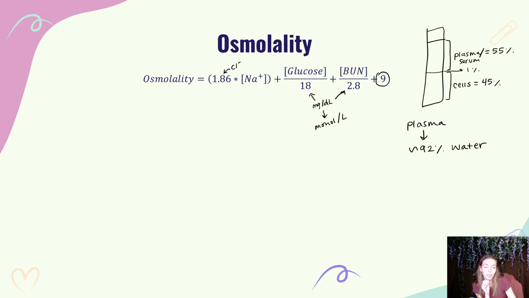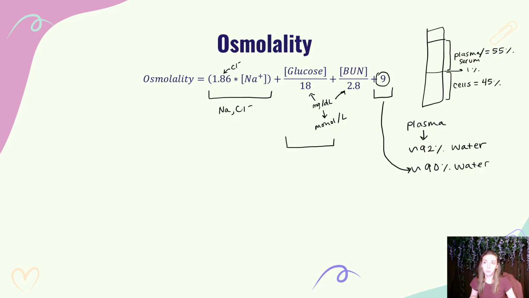For the sake of making the math easier, we round that to 90% water, because no one in lab likes to do math unless you're crazy like me. The 9 here is an adjustment factor to account for the fact that your serum is 90% water. That's the whole reason it's there. So the overall breakdown, one more time. This portion is to get the impact that sodium and chloride have on the osmolality.